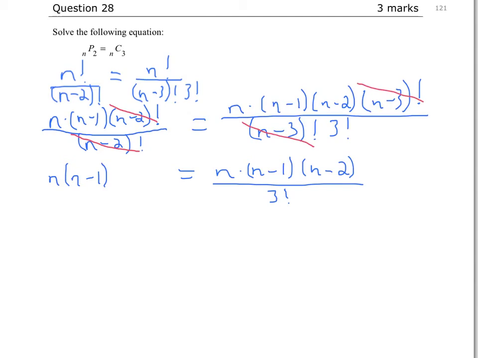So I could divide both sides because I have the restriction for this problem. I know n has to be greater than or equal to 3, because if we're choosing 3 objects, we can't have fewer than 3 objects to start with. So I could divide both sides by n, and that would essentially cancel the n's, and that's fine because n is not 0. I could divide both sides by n minus 1, and then I get the following expression.